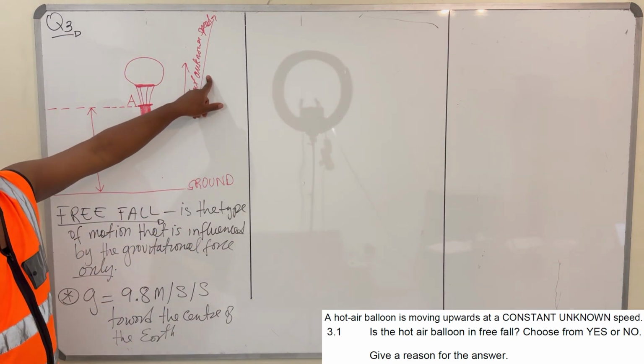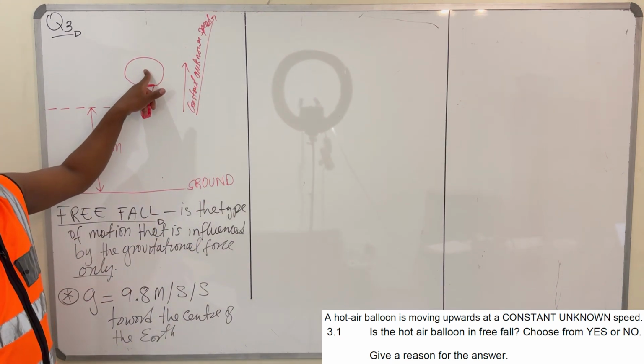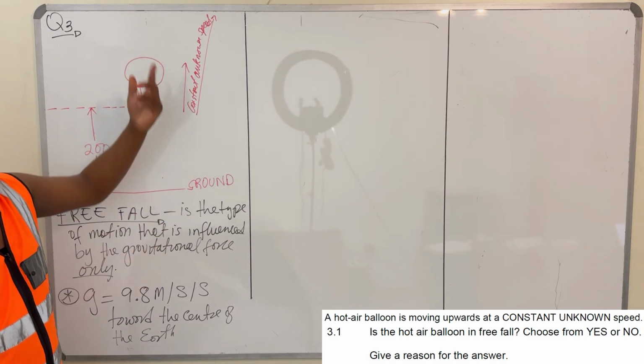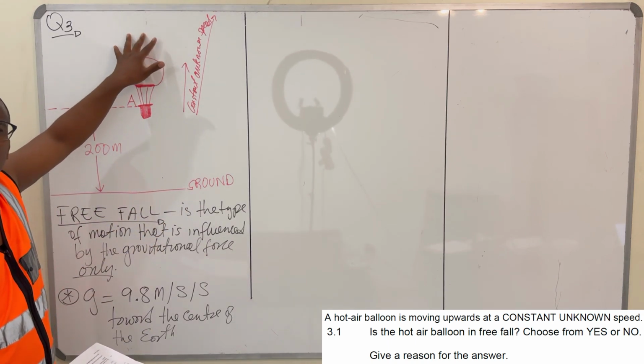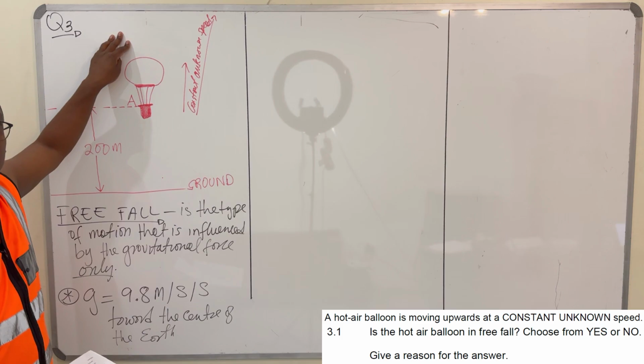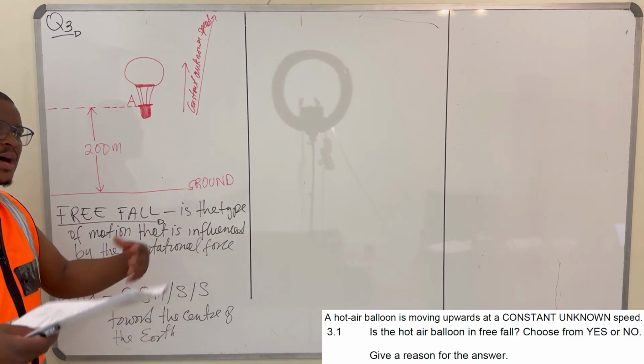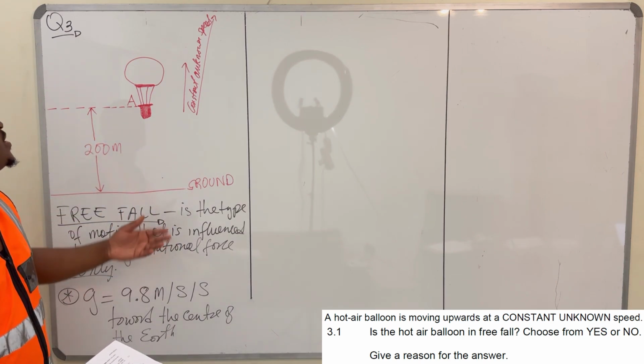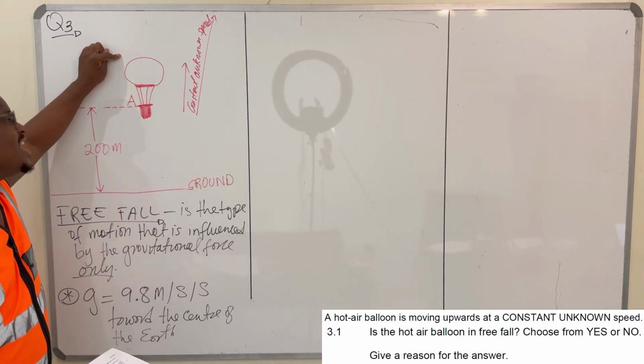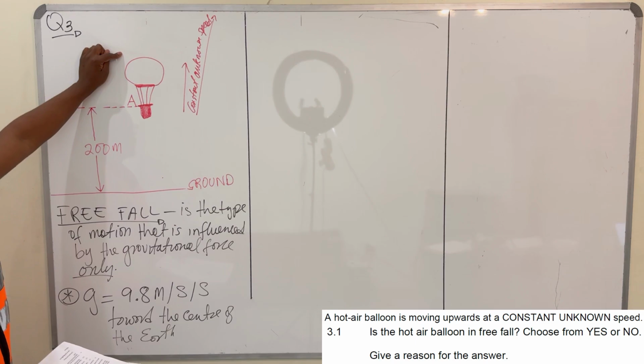We don't have the numerical value, but we know there is an upward constant motion. So the velocity of this thing is upwards and constant.